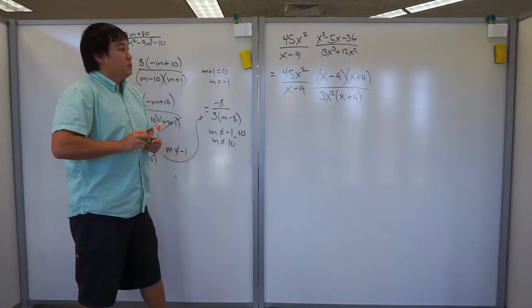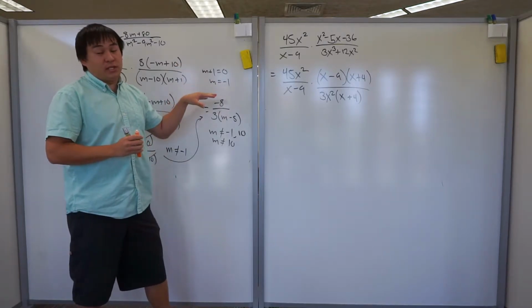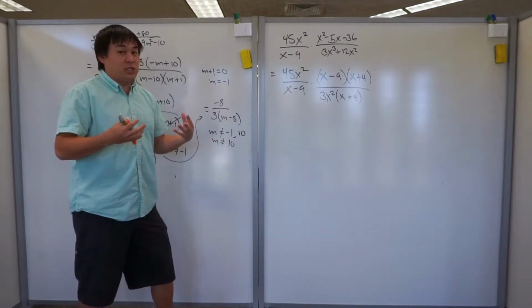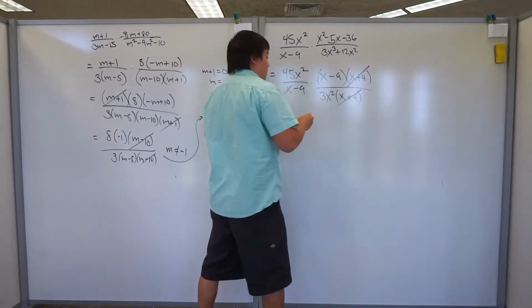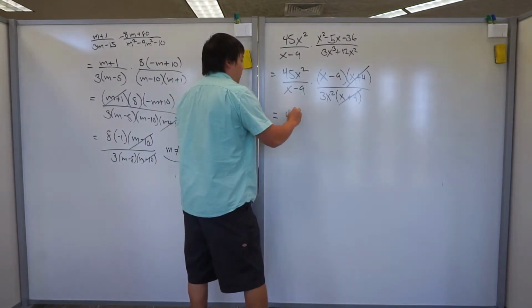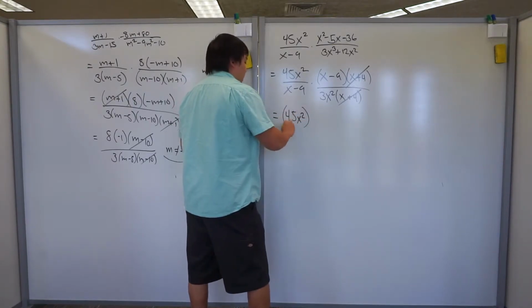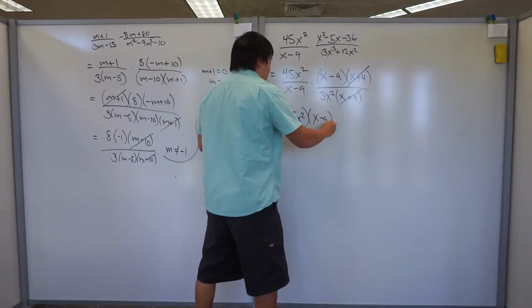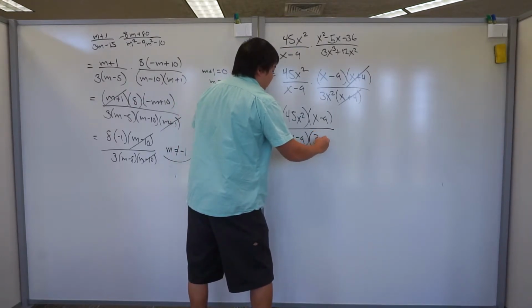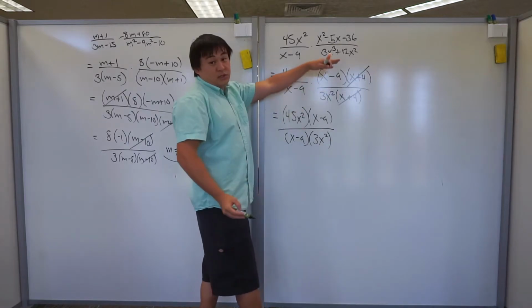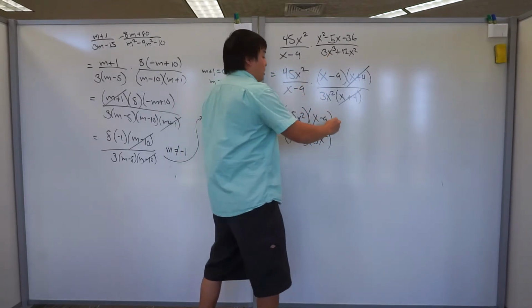Notice right away you can simplify without even doing the multiplication yet. The x plus 4 cancels. And we're left with 45x squared times x minus 9 divided by x minus 9 times 3x squared. And again, as soon as you cancel something, write the restriction.